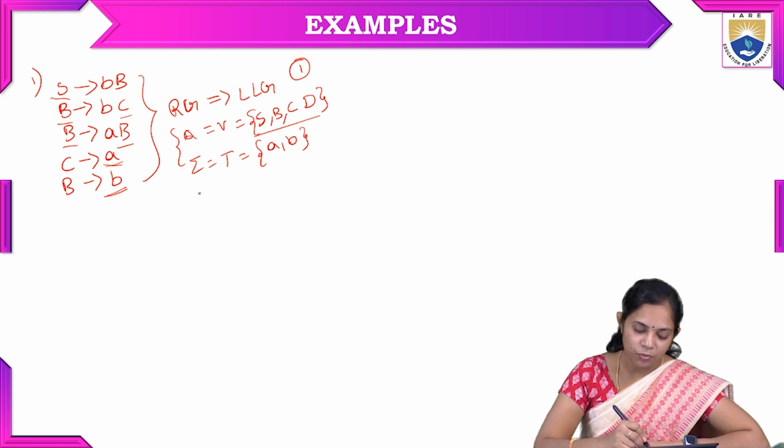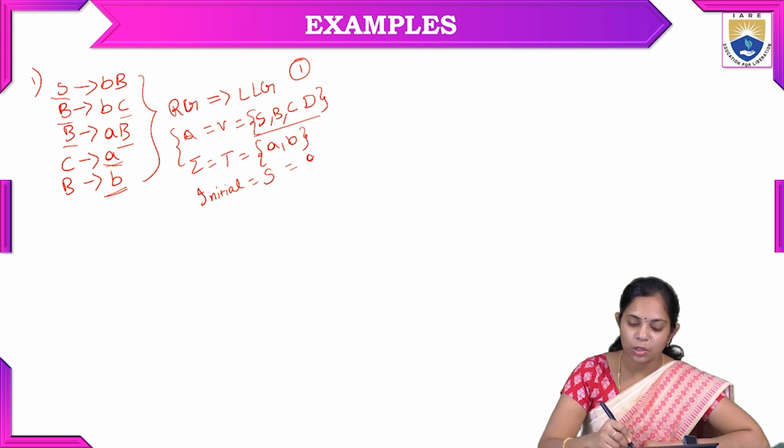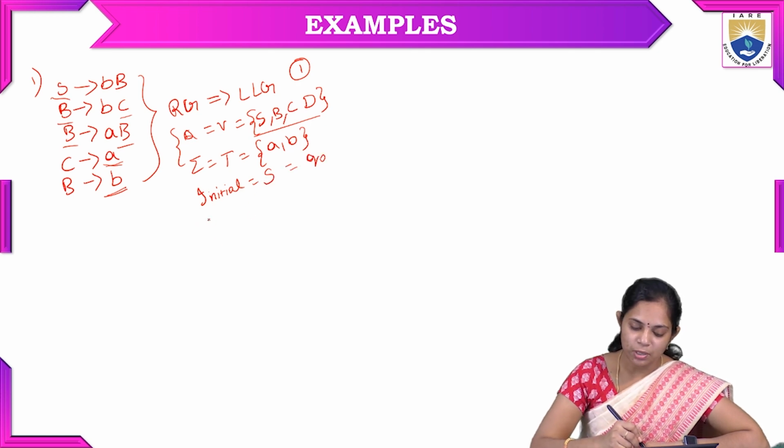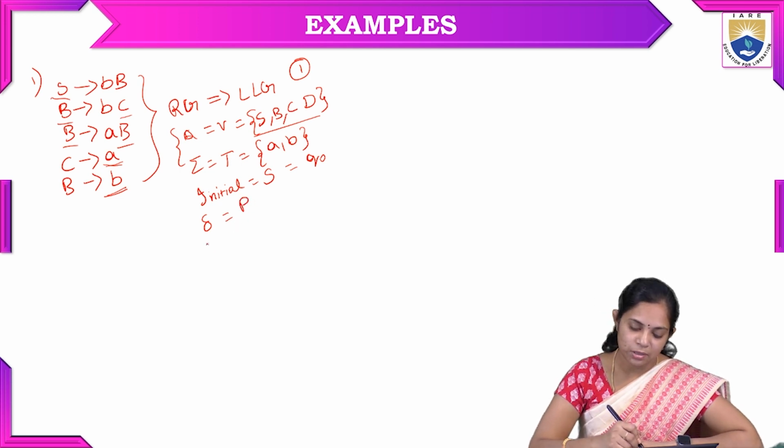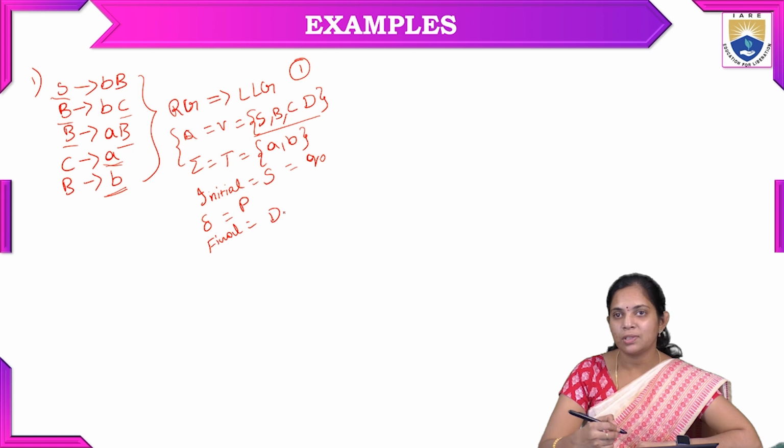And after that, the initial state is S, and that is equivalent to Q naught. Next, the production rules are nothing but the transition functions. And the next one, the final state, is D. So here the final state is D.